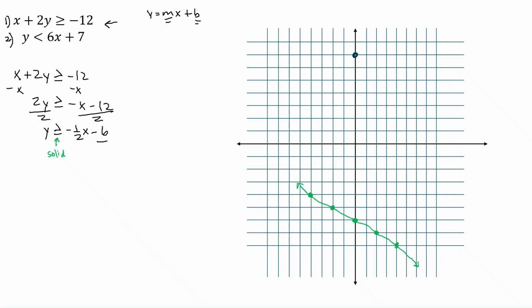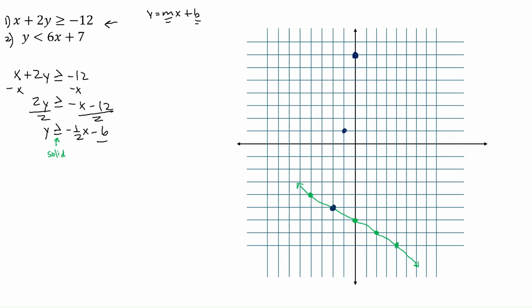I thought I selected a different one. So let's graph some points in the opposite direction, which would be down 6 and to the left 1. So 1, 2, 3, 4, 5, 6, and to the left 1. So down 6, and then right here. Okay, cool.